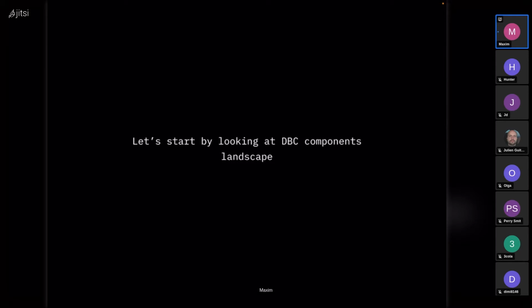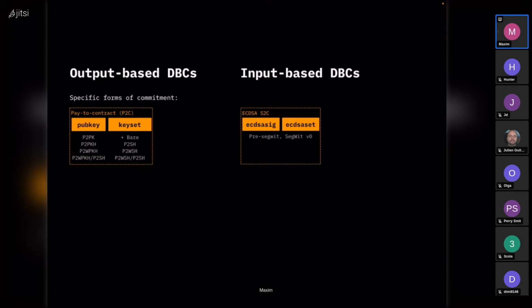Let's start by looking at the components of the deterministic Bitcoin commitment landscape. So what protocols and parts of the protocols do we have? Again, we have on the left side the output-based commitments and on the right-hand side the input-based commitments. And we have two basic forms of the commitments.